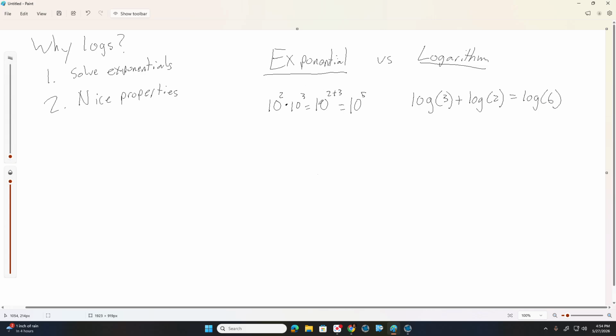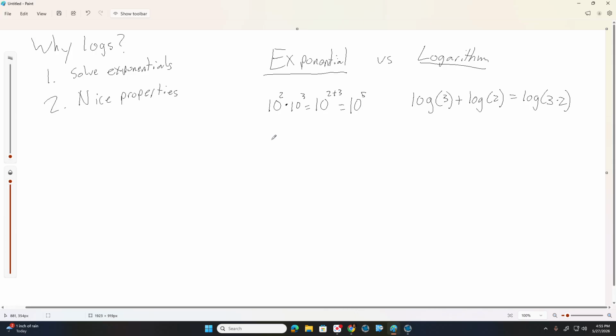In the exponential world, we had outside multiplication becoming inside addition. In the logarithm case, we have outside addition becoming inside multiplication. In fact, I don't even want to write this as 6. I want to write it as 3 times 2, which turns out is 6.